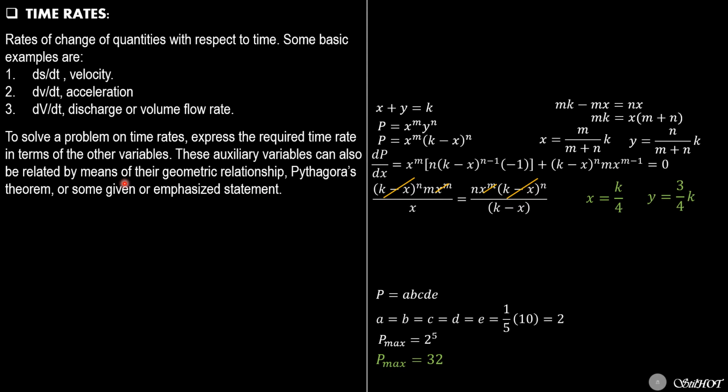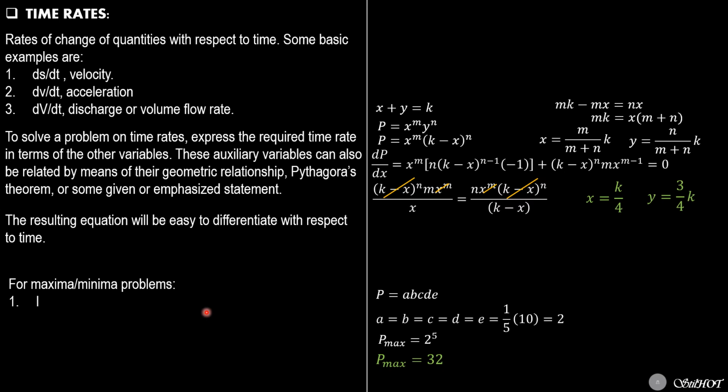If not, then they can be related by these geometric relationships. Most common would be Pythagoras theorem if the problem involves right triangles. So the resulting equation will be easy to differentiate with respect to time. Then that would be the resulting expression for the time rate.